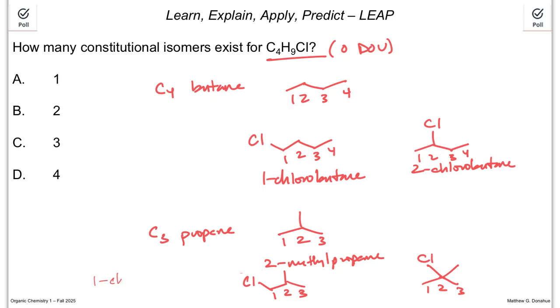So 1-chloro-2-methylpropane. The other one would be 2-chloro-2-methylpropane.